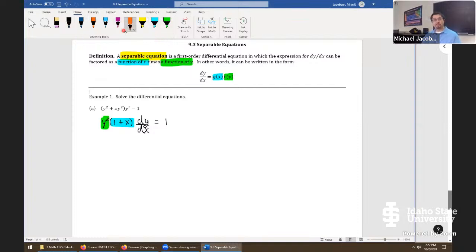Now this is where it gets really pretty weird. We hinted at this a little bit in section 9.1 because it is very weird. And here's what's going on. dy/dx can be viewed in two ways. Here's the first way it can be viewed.